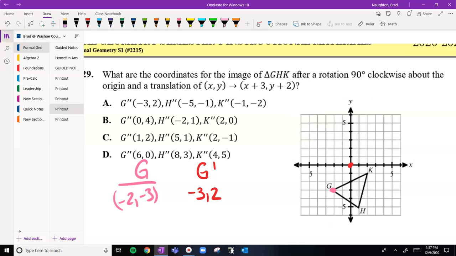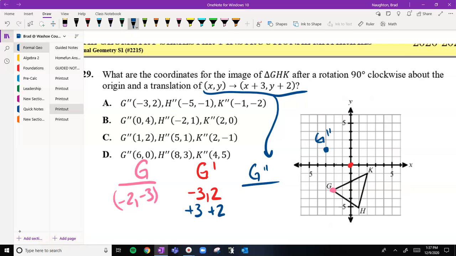So let me go ahead and put that up. So -3, 2, so there's G prime. And now I'm going to do my translation here to do G double prime. So we're going to add 3 to our X, add 2 to our Y, and we're going to be at 0, 4.